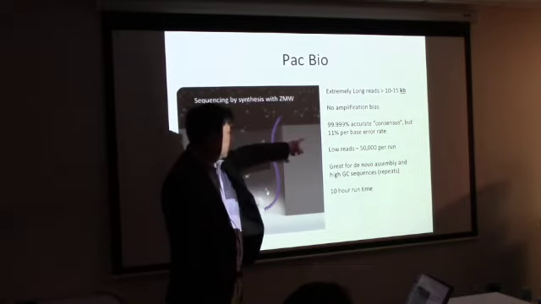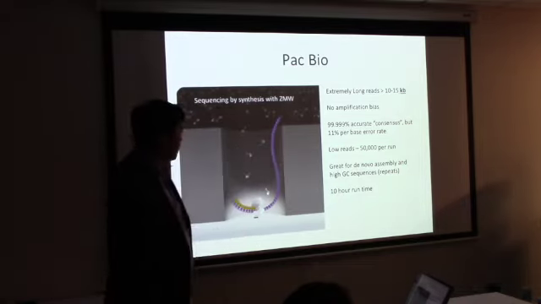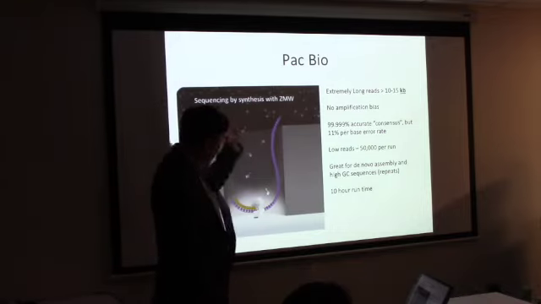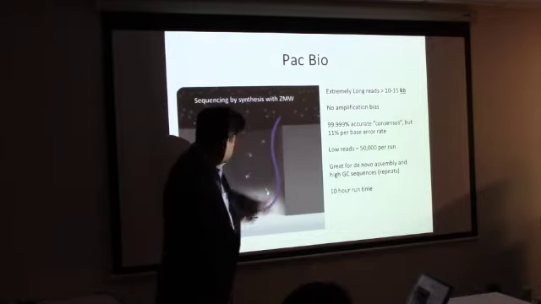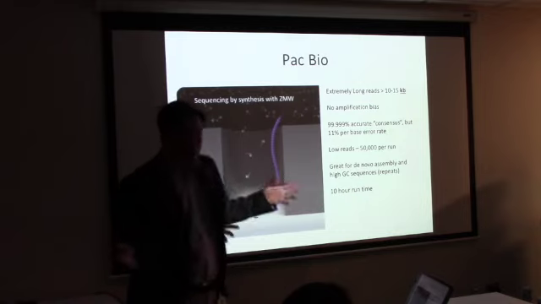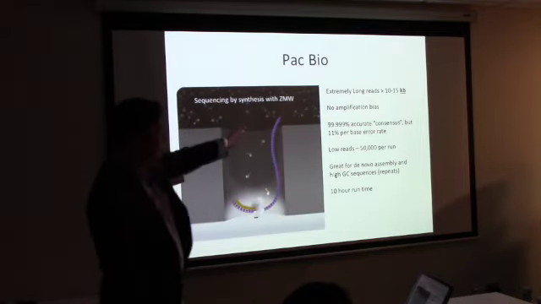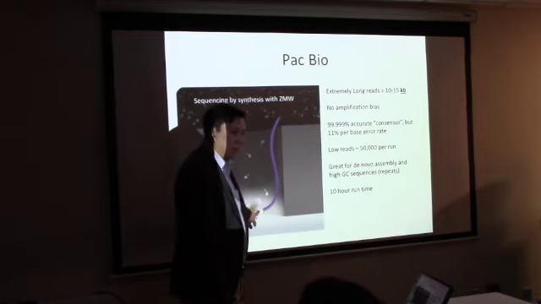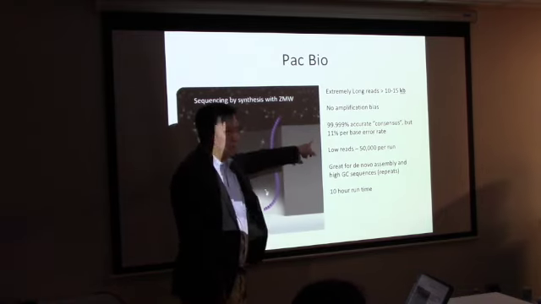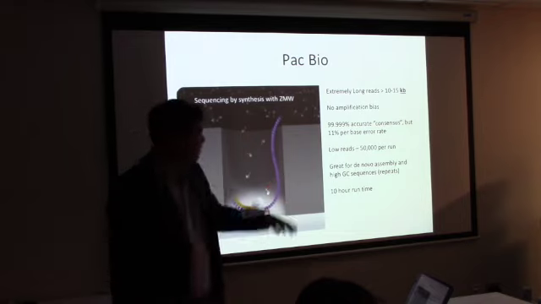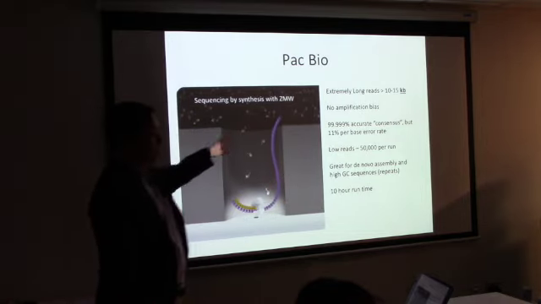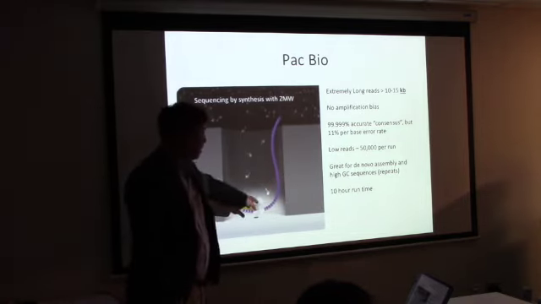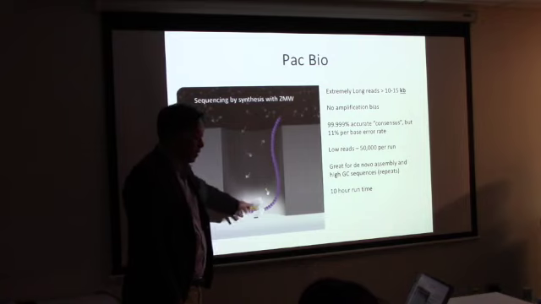So the error rate's about 11% per base. The way they get rid of that error is that they actually sequence the same strand like 1,000 times. And so the chance that you have that same base error 1,000 times at that same location at 11% is basically 0. So that's why they say we're accurate, because the consensus call is very good.